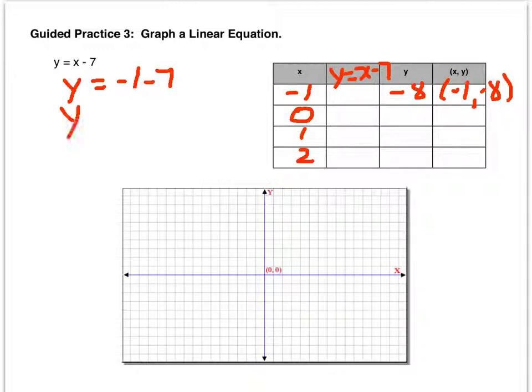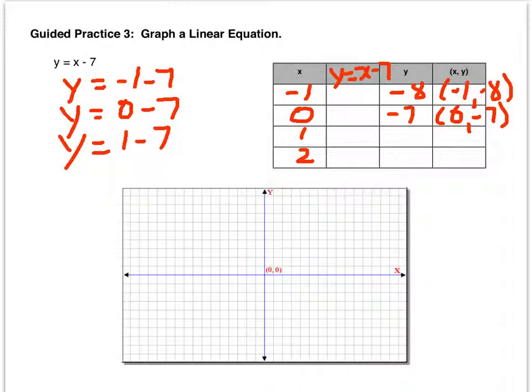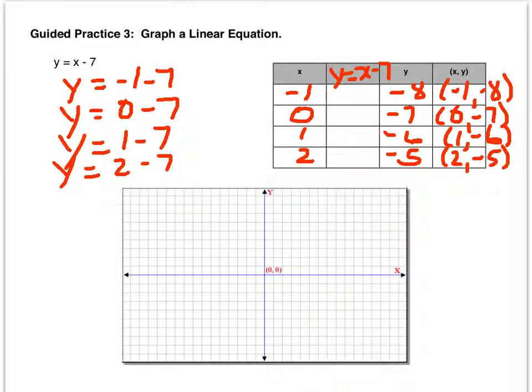I have y equals 0 minus 7, which is -7, 0, -7. Y equals 1 minus 7, -6, 1, -6. And y equals 2 minus 7, which is -5, 2, -5.